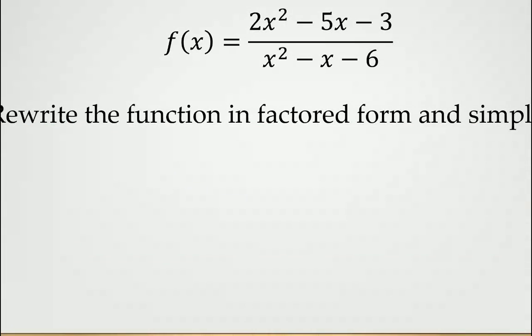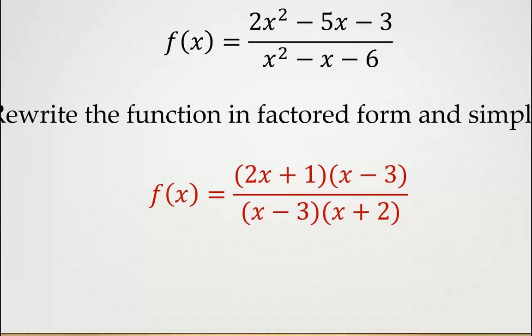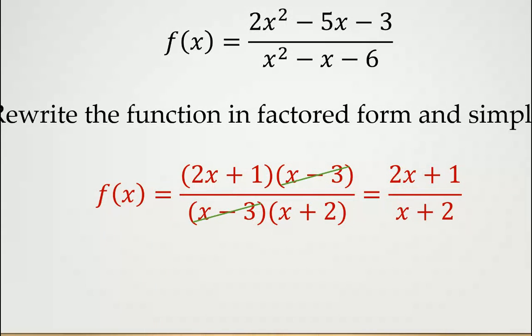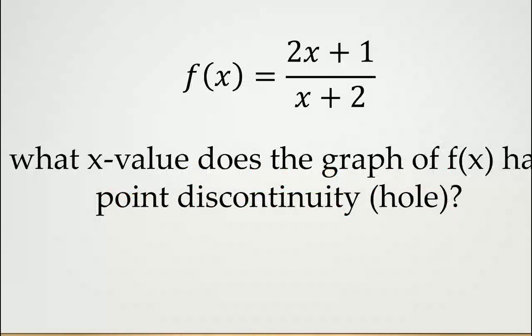Let's take a look at this function one more time in simplified form. Again, we cancel out the common factors, and that leaves us with the function 2x plus 1 over x plus 2. Now, looking at this simplified version, at what x value does the graph of f of x have a point discontinuity or a hole?